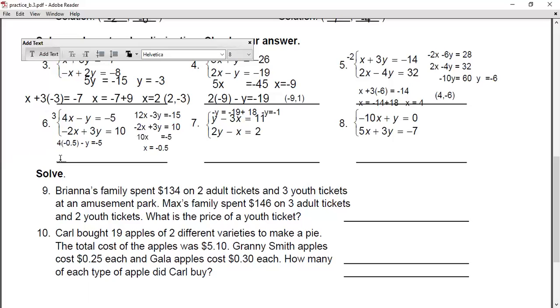So the next step is negative y is going to be equal to negative 5 plus 2, because when the negative 2 comes to that side, it becomes positive.